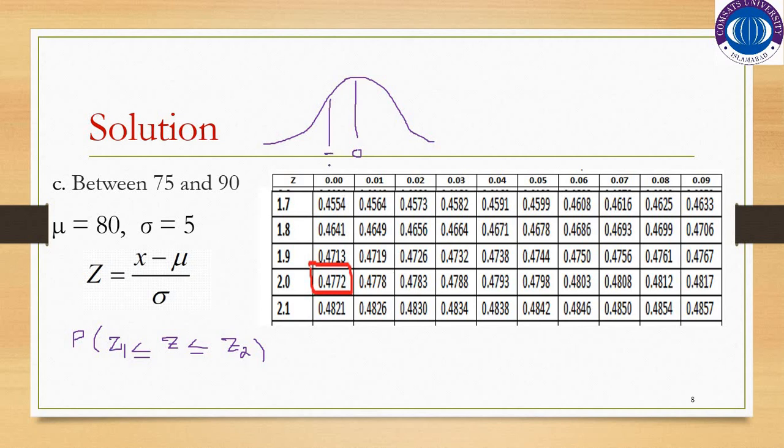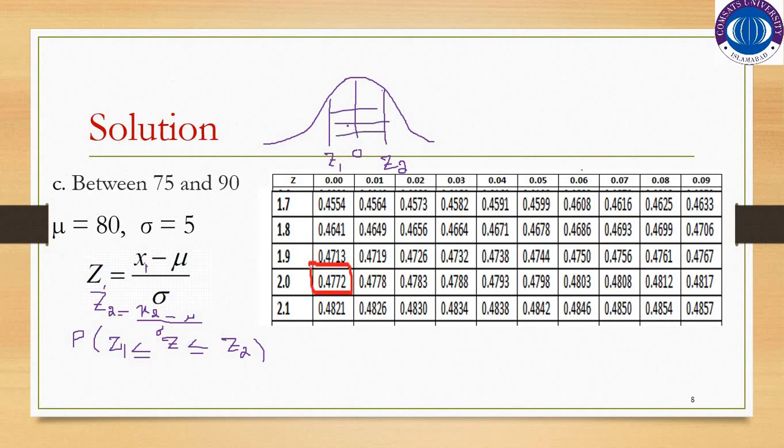This one is here, something Z1, you can get it by substituting X1, which is 70, and you can find out Z2, which is X2 minus mu over sigma, and Z2 will come somewhere here, and this is the required area you have to find out.